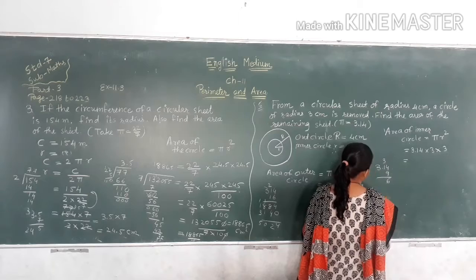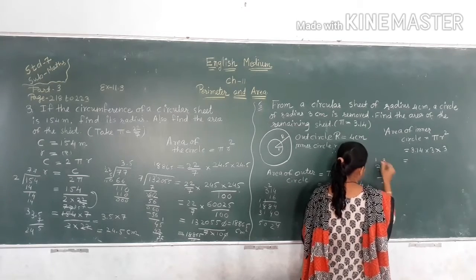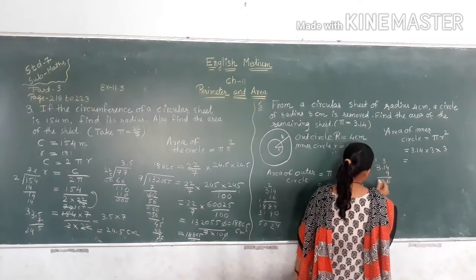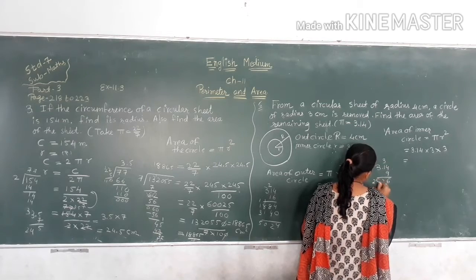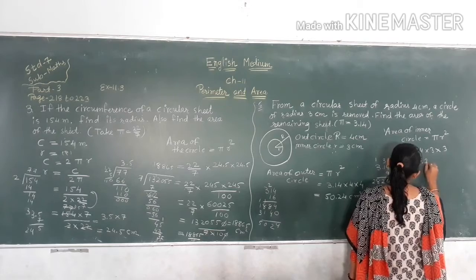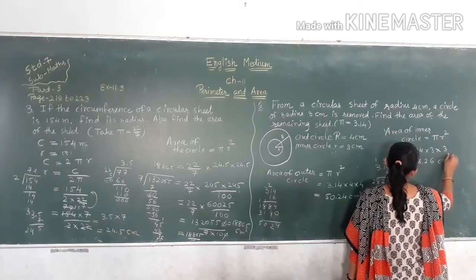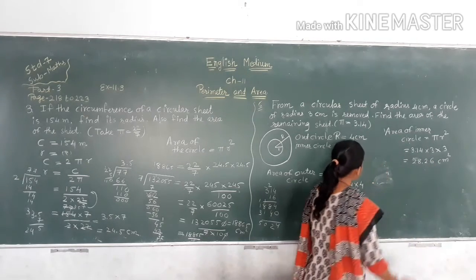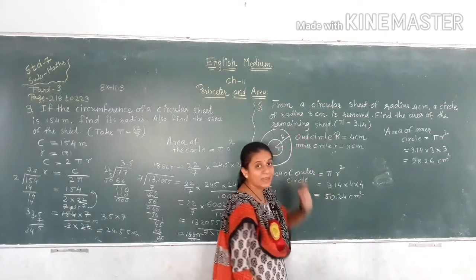Carry 3. 9 1s are 9 plus 3, 12 carry 1. 9 3s are 27 plus 1, 28. So 28.26 centimeter square. Now find the area of the remaining sheet.